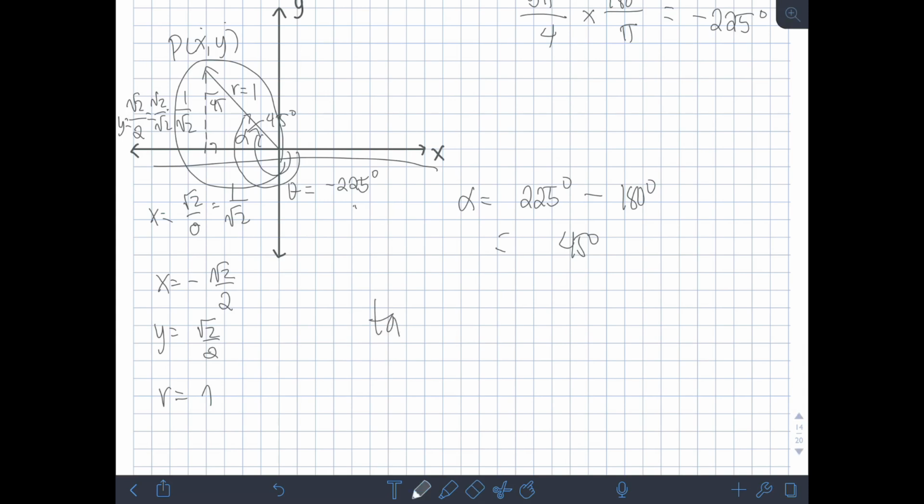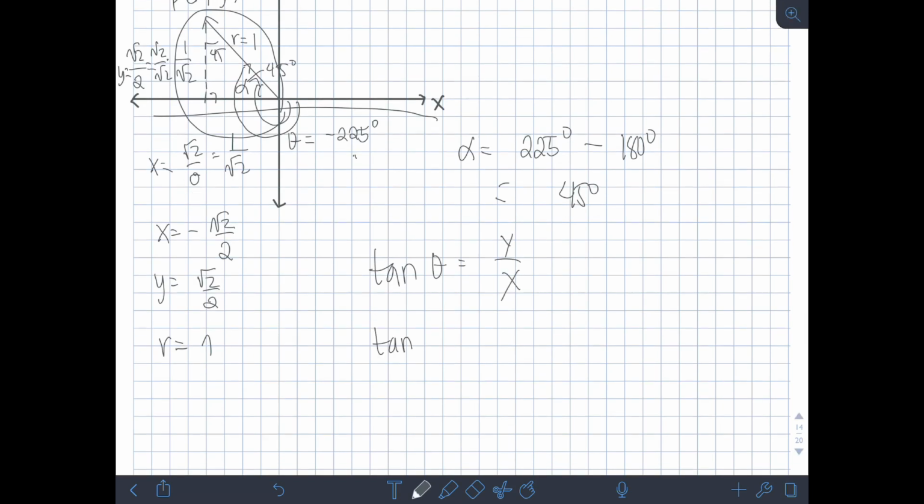So, we have tangent theta is equal to y over x, right? And we have tangent theta is negative 225 degree. Applying the concept of reference angle, it is equal to tangent of 45 degree. But yung coordinates natin dapat base dito sa point na to, yung x, y. So, it is equal to, according dito sa reference triangle natin, ito yung nakuha nating dimensions.